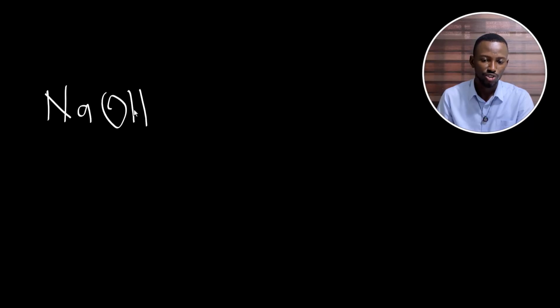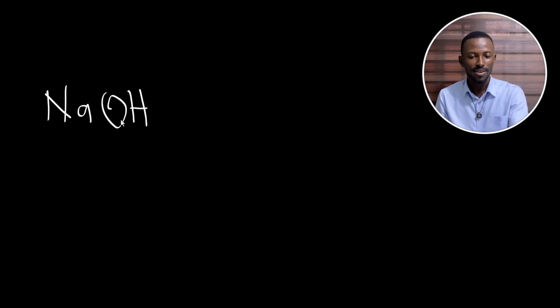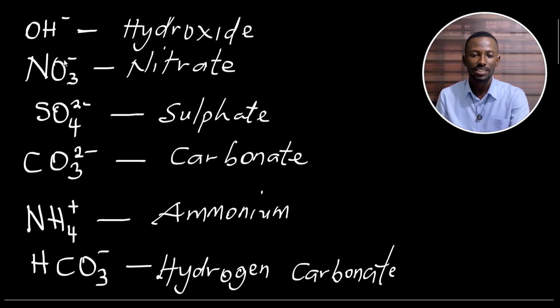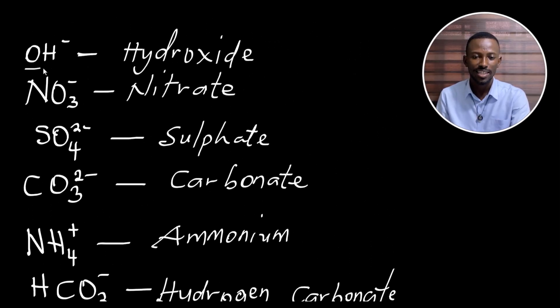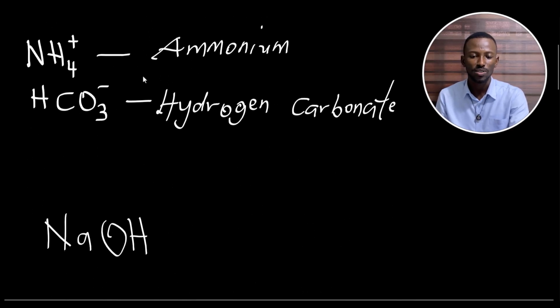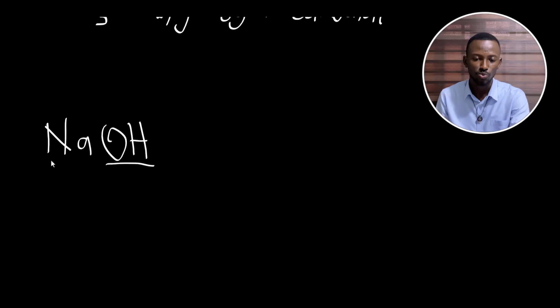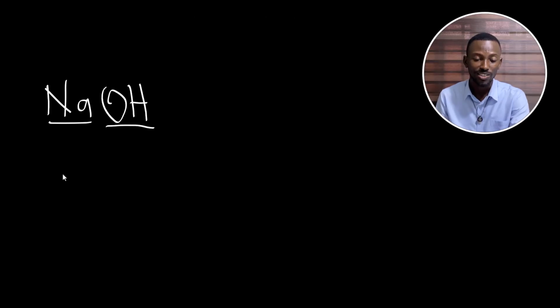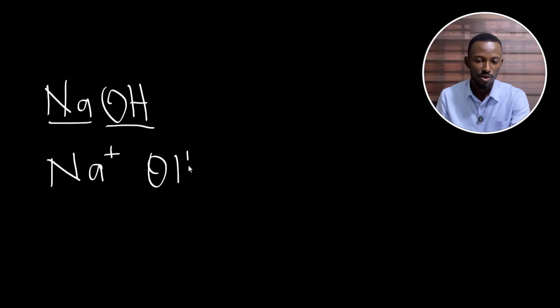Our next example is something you are very familiar with. NaOH. I think you've guessed it already, right? There is a polyatomic ion in this compound. What is that polyatomic ion? That is OH-. And OH- is what? Hydroxide. So there's a hydroxide attached to sodium. So actually this compound is formed from sodium and OH-.